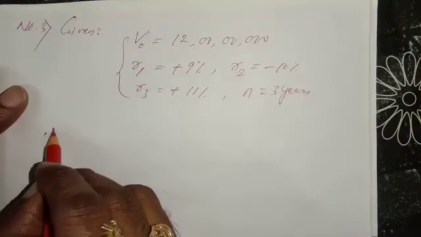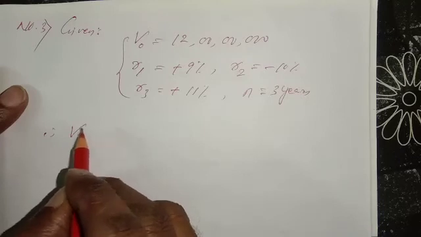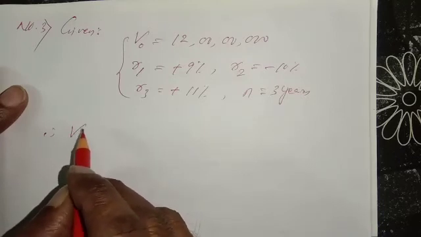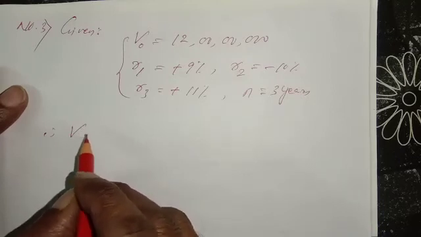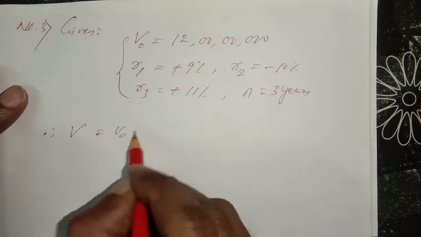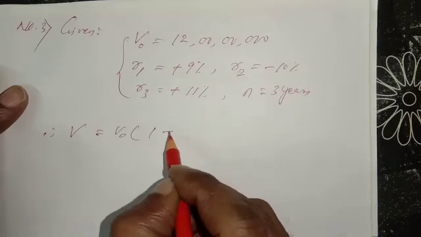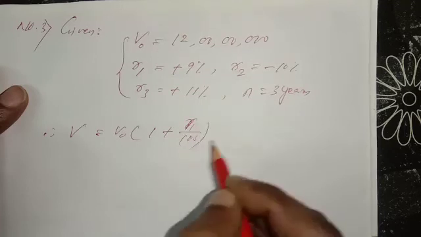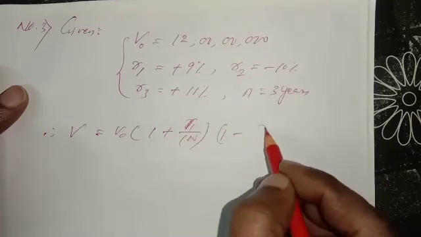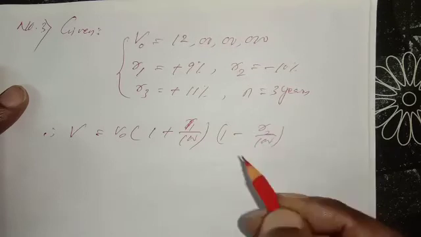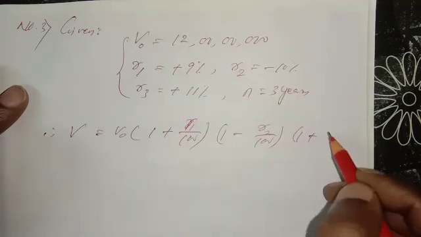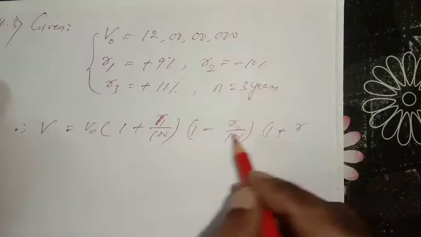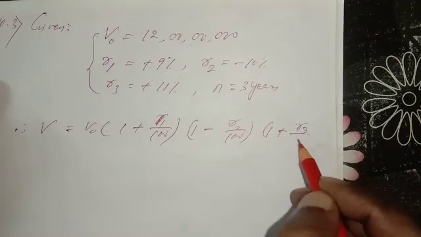Therefore, after 3 years, the final value will be V equal to V0 into 1 plus R1 by 100. Next, decrease, 1 minus R2 by 100. Next, increases, 1 plus R3 by 100.